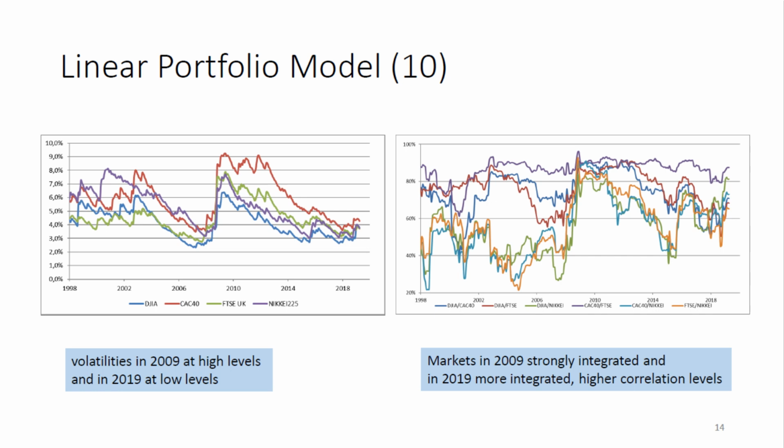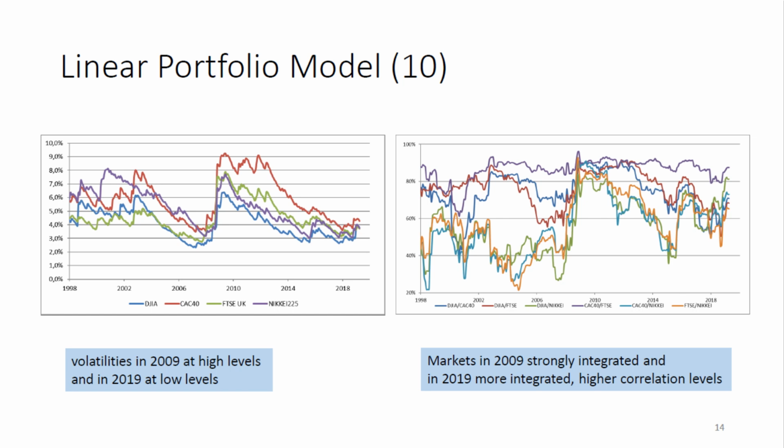Here is a picture on the left-hand side of what this does to the volatilities of the 4 assets. We see that the volatilities were high in the period from 1997 until 2006, 2007, when they went further and further down to their lowest level. Then there was the crisis, and suddenly the volatilities spike for all the indices, in particular for the CAC 40.